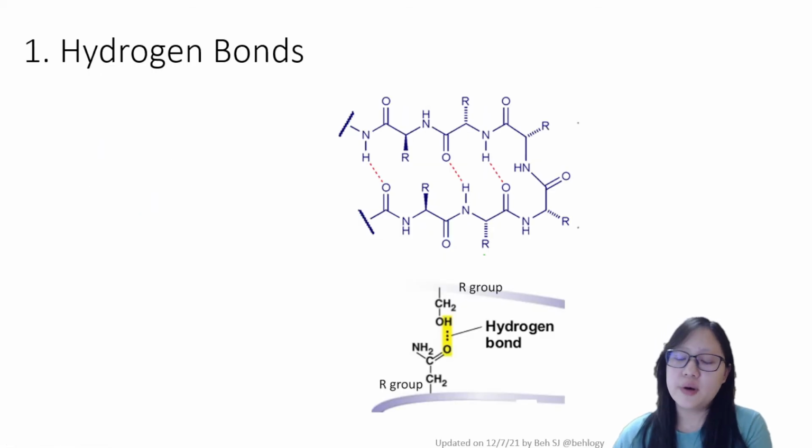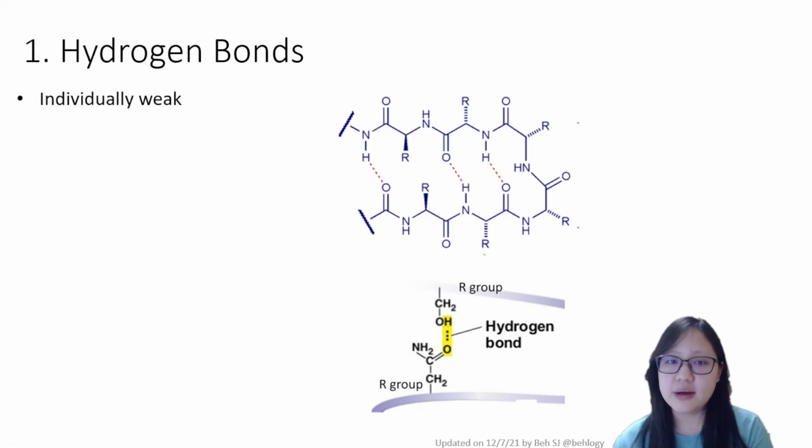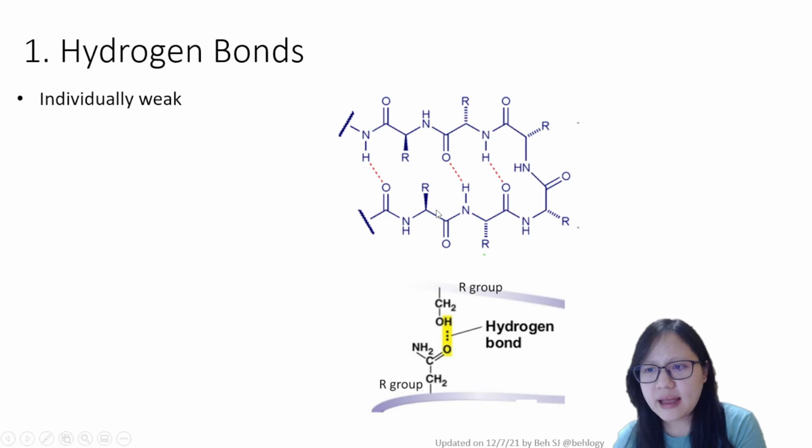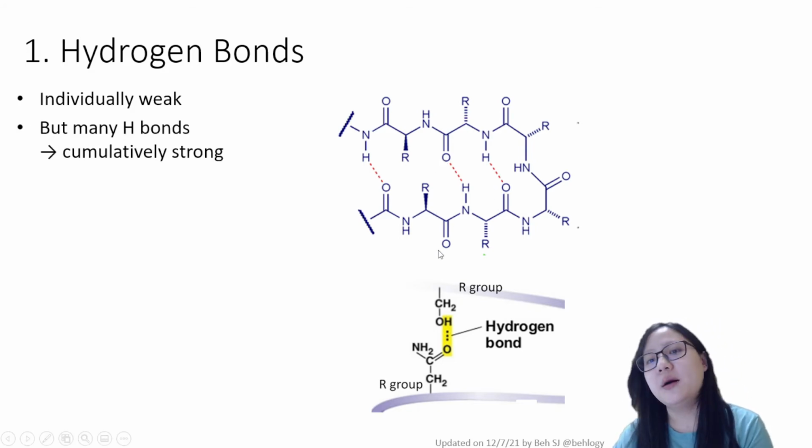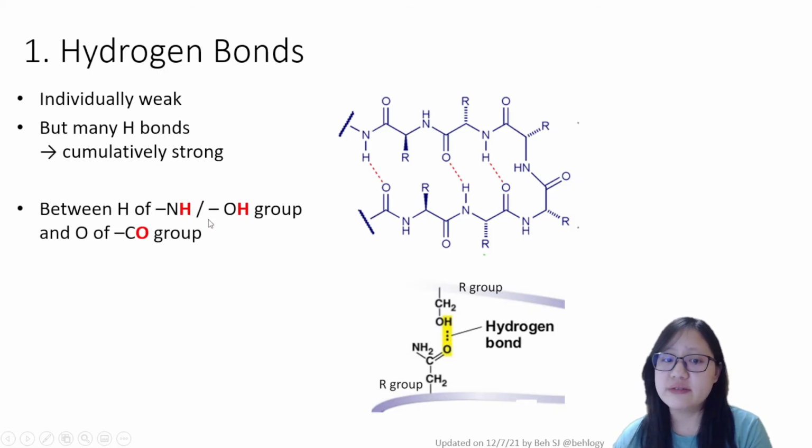Now, the rest of these bonds might differ between different proteins. But here's the first type, hydrogen bonds. Hydrogen bonds are individually weak, but many things can form hydrogen bonds, which makes them cumulatively strong. Hydrogen bonds can form in 2 different places. First is where the peptide group is.